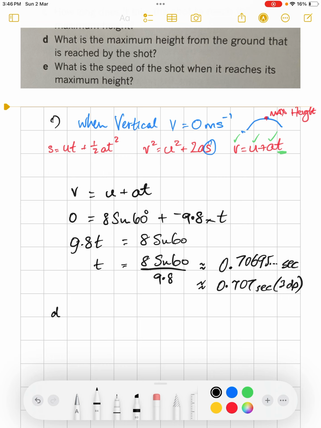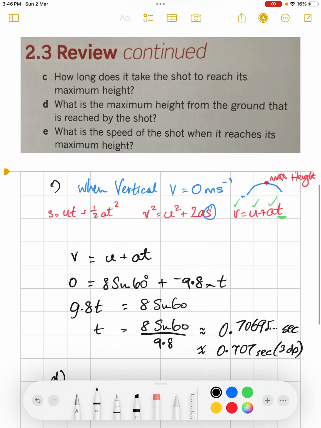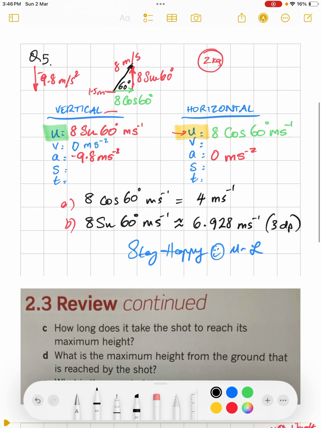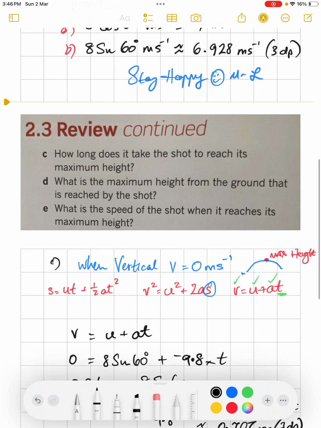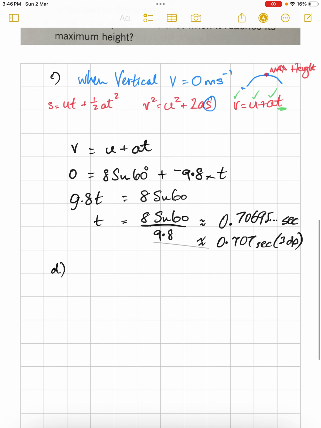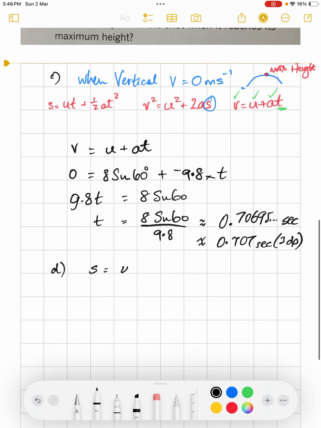Well, the maximum height will be S. So here we could find, I'll just put 0.707 seconds. Now we want S. And don't forget, it's already 1.5 meters above the ground to start with. Let's find the extra distance that it can go. So S can equal UT plus half AT squared. We could use that rule.